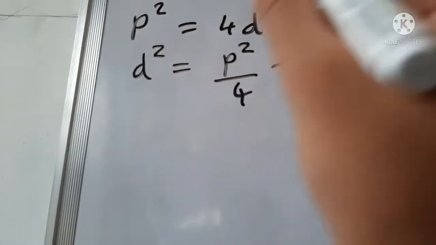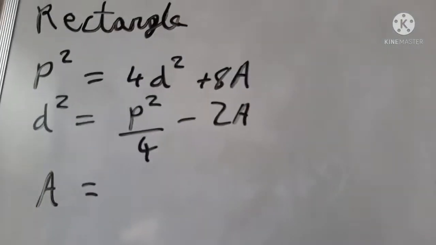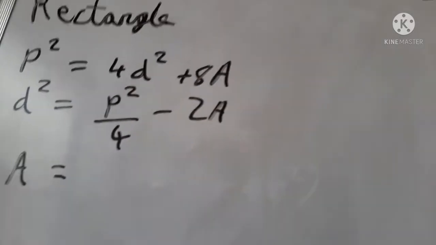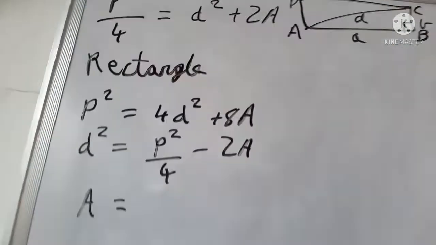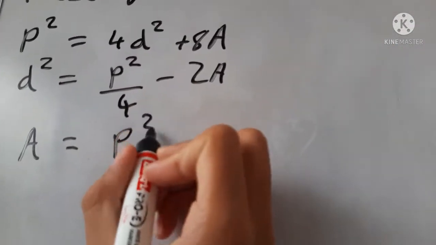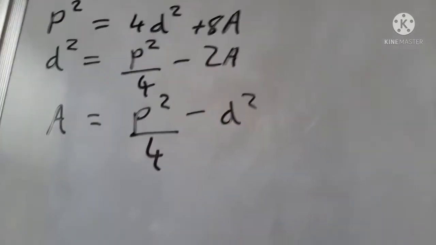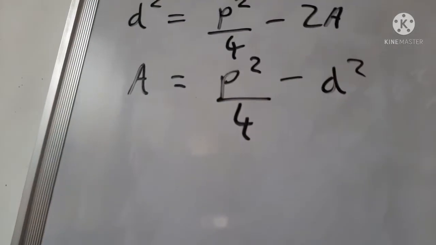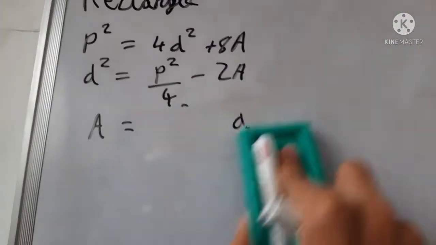And the area in terms of the diagonal and the perimeter: d squared moves to the other side, so it's p squared over 4 minus d squared, all of that over 2. I'm just writing the final forms here because I don't want to waste any time.